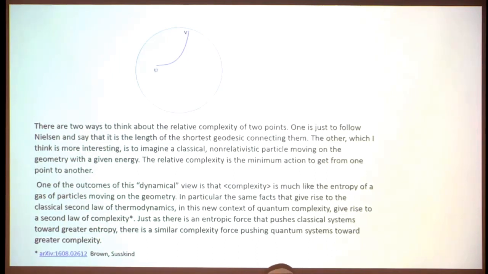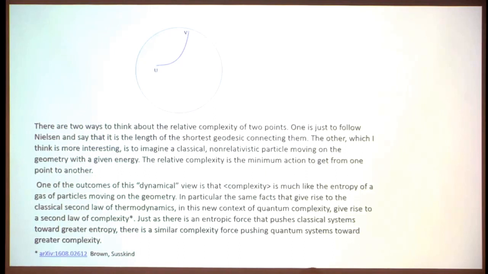Let them flow away, and the complexity just turns out to be the entropy of that cloud of particles. As the cloud of particles expands, the entropy grows, and that entropy is in fact the average complexity of the points that the cloud is covering. So that turned out to be a somewhat easy way to think about complexity, and I will use it.